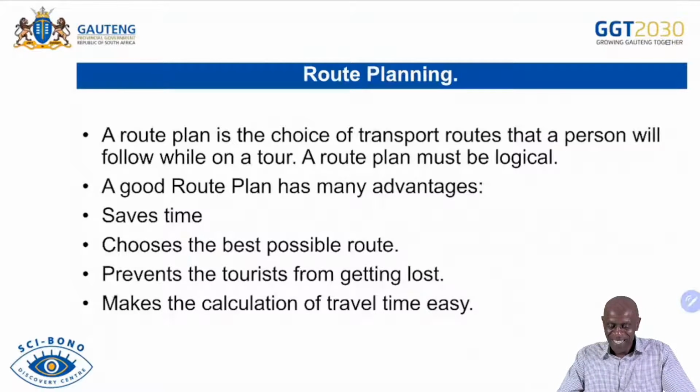So in that kind of a situation, you are at risk of being robbed, of getting lost, because you'll stop and ask people around for directions. So if it's a good route, then you will not come across such hassles, such troubles on your way to your destination.